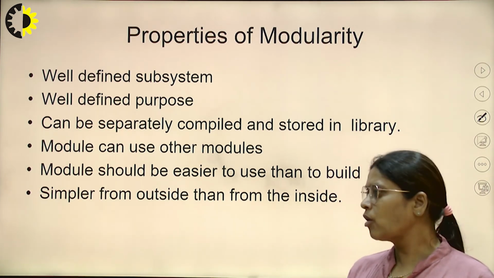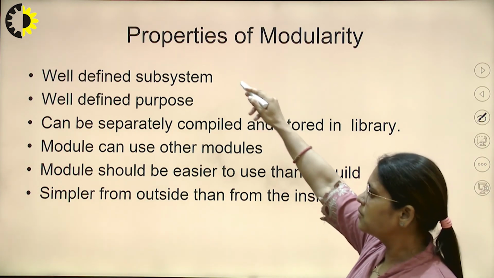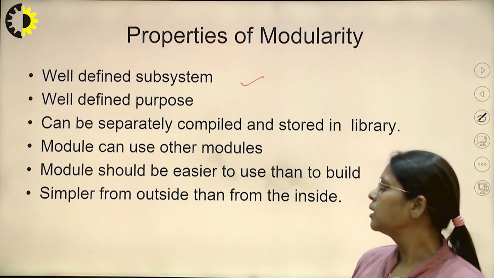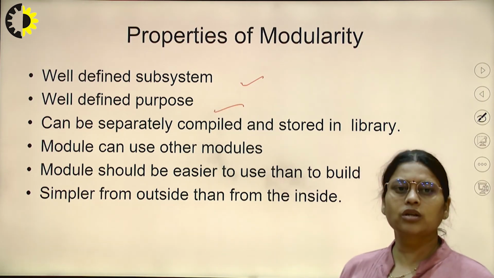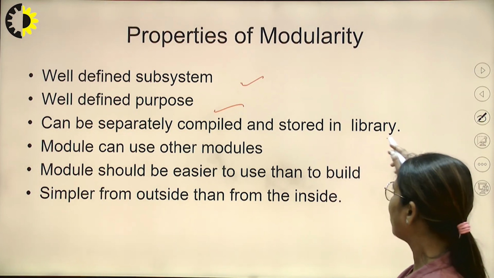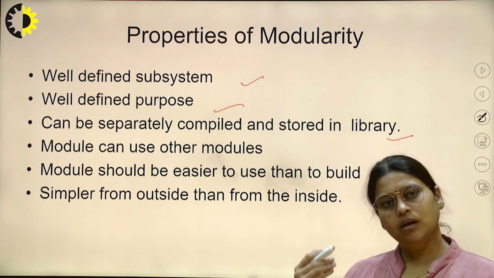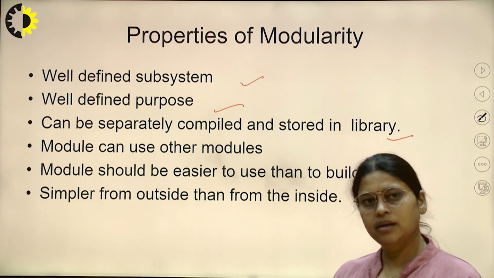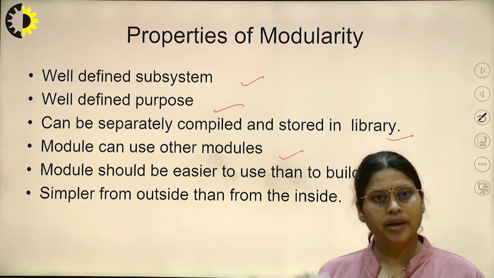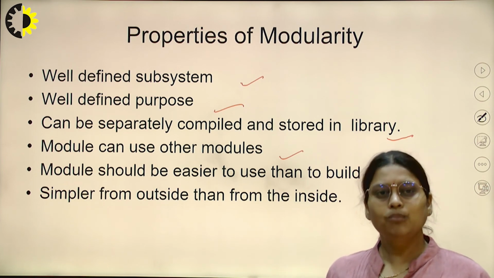Now, the properties of modularity: it is a well-defined subsystem, meaning we have to divide the whole software into subcomponents. There will be a specific purpose for the subdivision of the software, and we can separately compile and store modules in the library. In designing, a module can use other modules also, meaning dependency is there, because without dependency we can never implement any software.